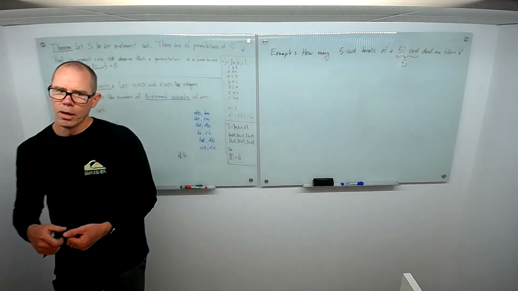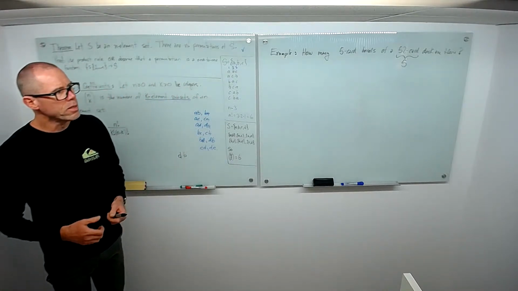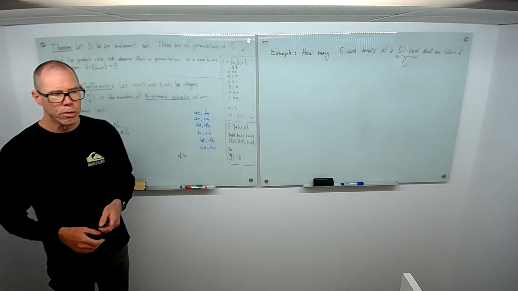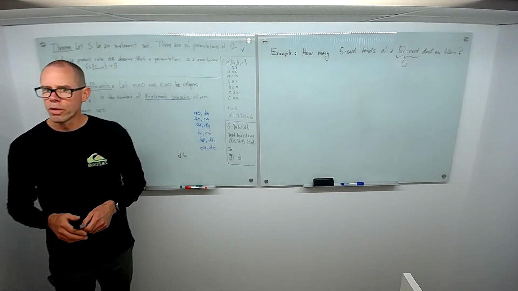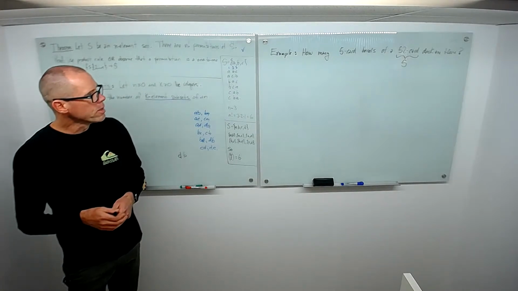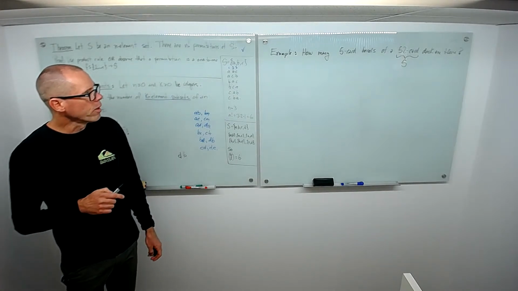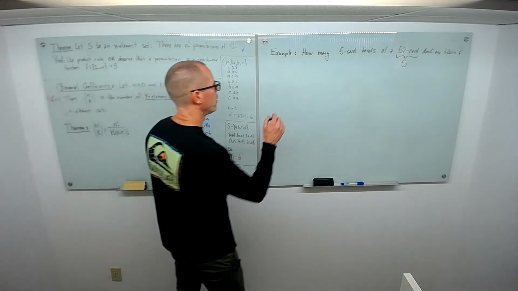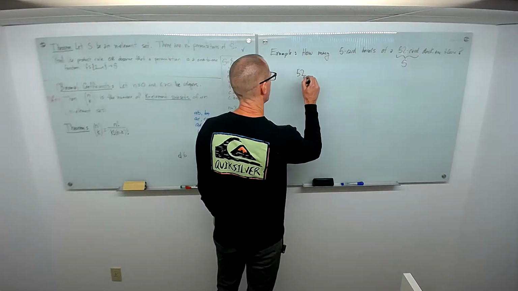So a hand is, someone takes this deck and chooses 5 cards from it and gives them to you. How many different ways are there for that? What's the number of different five-card hands? Well, just by definition, the answer is 52 choose 5.